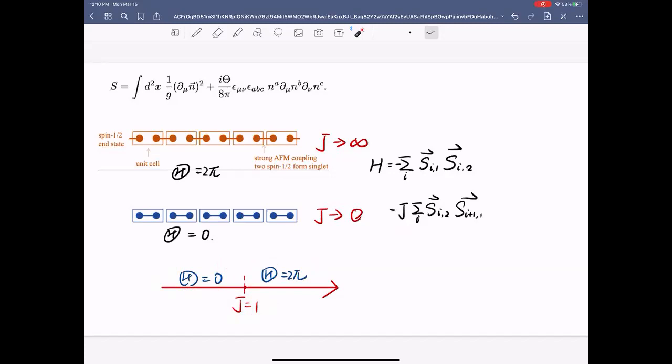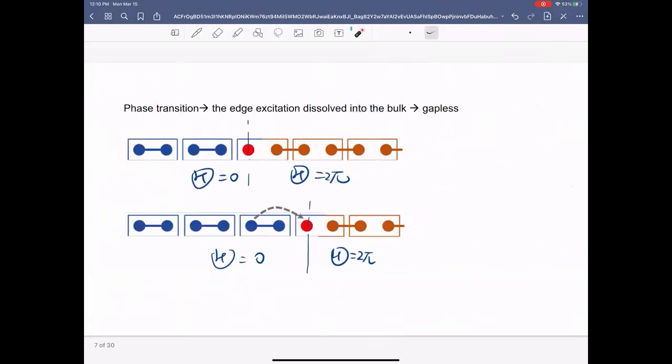A pictorial way to understand the quantum critical point is something like a percolation picture. At J equal to 1, the spin interaction between the unit cells and the spin interaction within the unit cell are of almost the same strength. So these two types of patterns, the Haldane chain pattern and the trivial chain pattern, compete and coexist in the bulk.